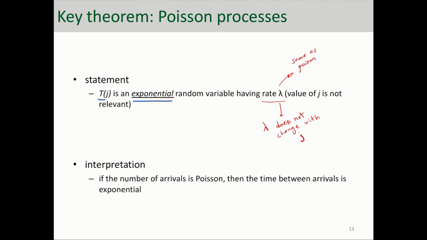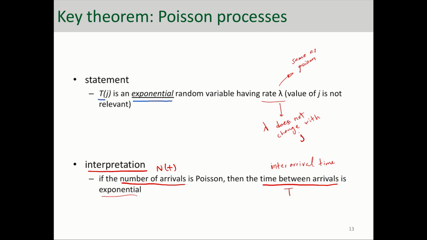So the interpretation of the whole thing is, if the number of arrivals within a time frame, n of t, is Poisson, then the time between arrivals, or inter-arrival time, is exponential.